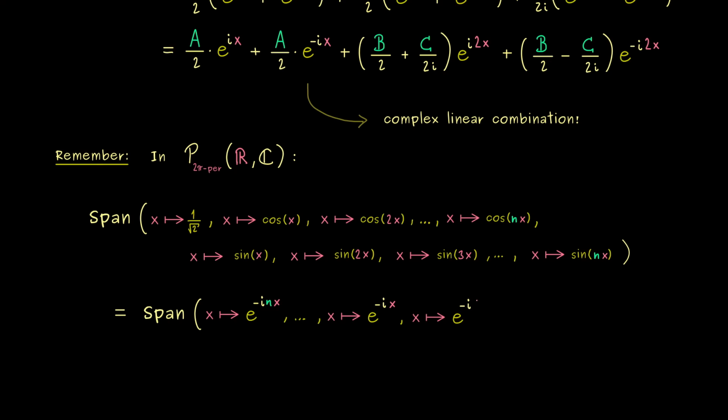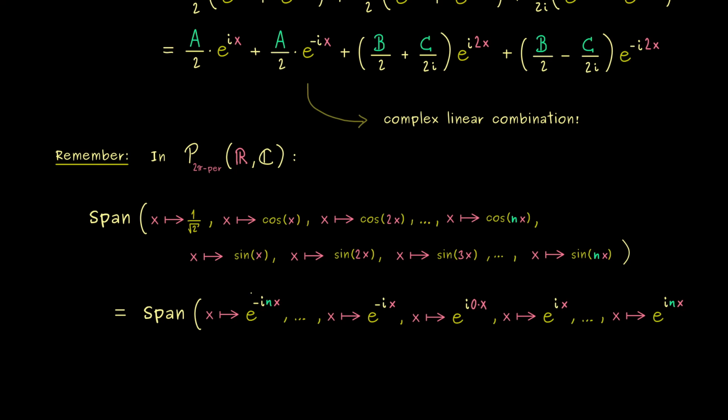However, now the nice thing is that the constant function we could also write as an exponential function, namely as e to the power 0 times x. So this is always 1 no matter what x is, hence we have the constant function x to 1. And then we just continue now with the plus sign in the exponent. Therefore, maybe also for 0 we already write a plus sign.